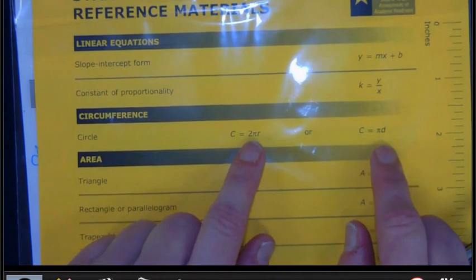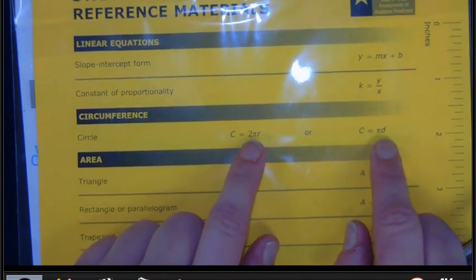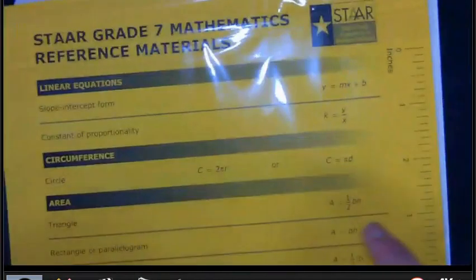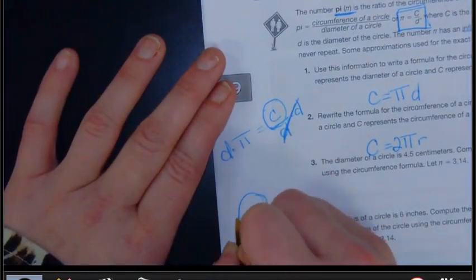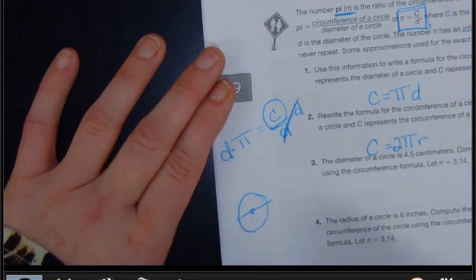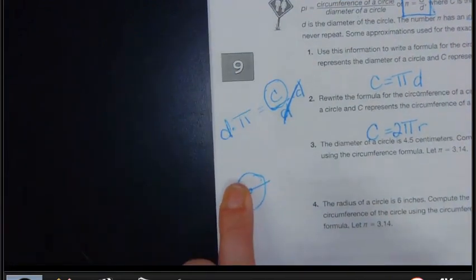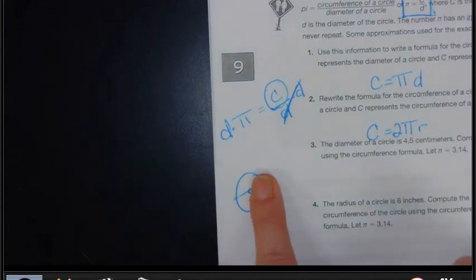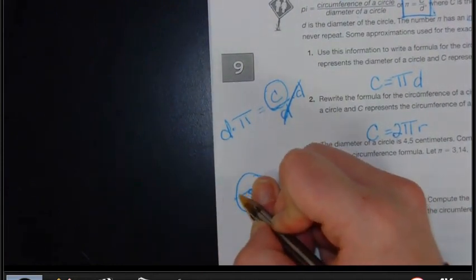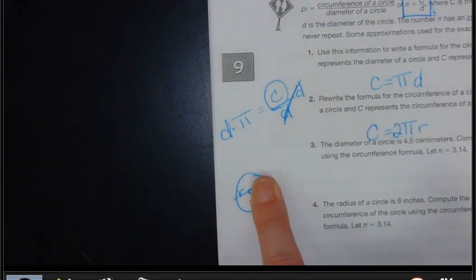Now, the reason why I have 1 d and I have 2 r is think about this over here off to the side. If I have a diameter that's going straight through here, if I cover up this half of my diameter, I know that that is a radius. And if I cover up that half of my diameter, I know that this side is known as a radius.